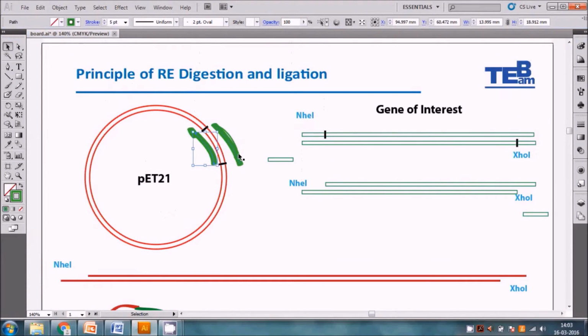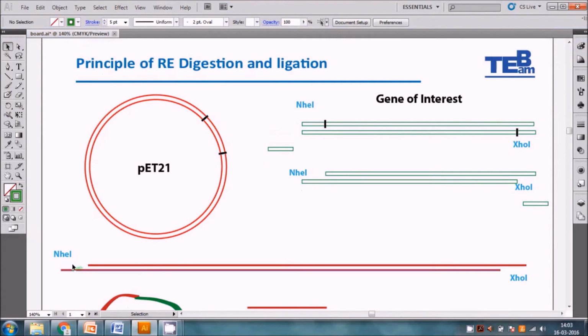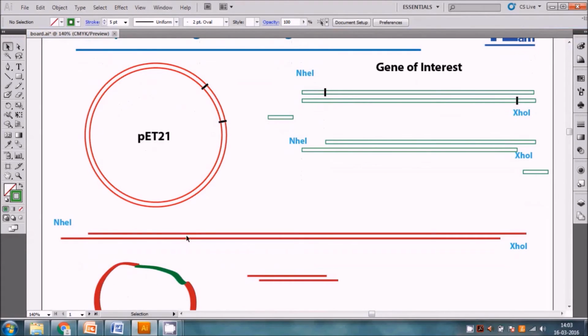So assume this is your pET21. You will cut this with NDE1 and XHO1 in principle, as I told you. So you will create two fragments. One will be the larger fragment, which is on this side, this big one, and then you will create a smaller fragment, right?